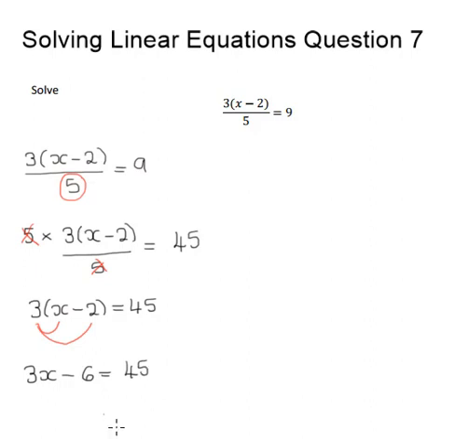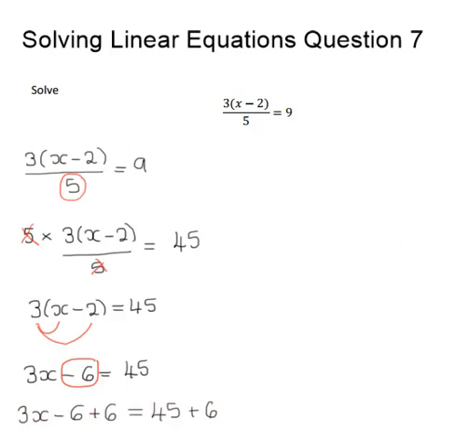Okay, brilliant. Now we're onto a very similar format as questions 3 and 5 that we looked at at the beginning. So I want to get all of the numbers onto my right-hand side. So I'm going to focus on this minus 6. And in order to move that minus 6, I've got to plus 6 on both sides. So we'll have 3x minus 6 plus 6 on our left-hand side, and we'll have 45 plus 6 on our right-hand side.